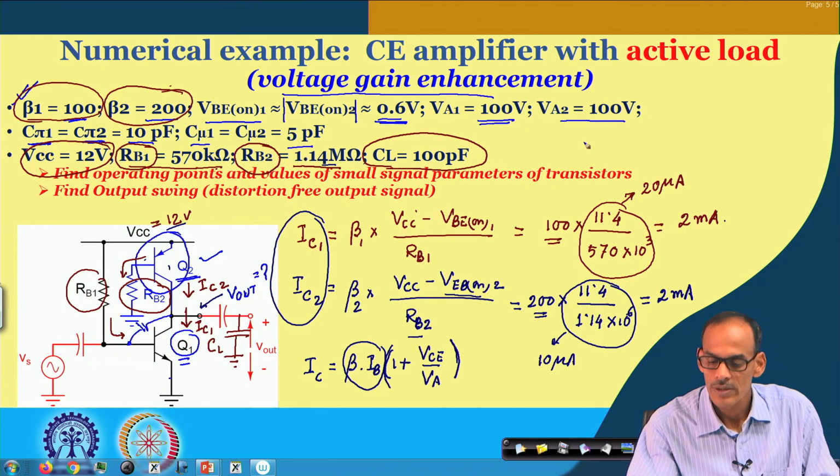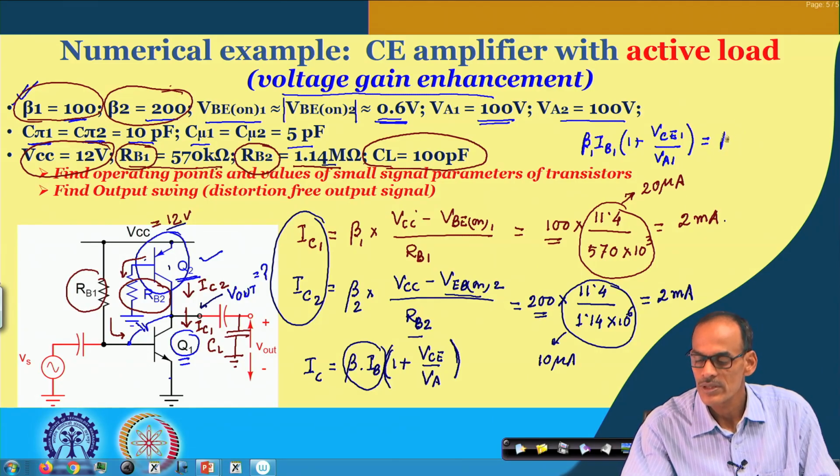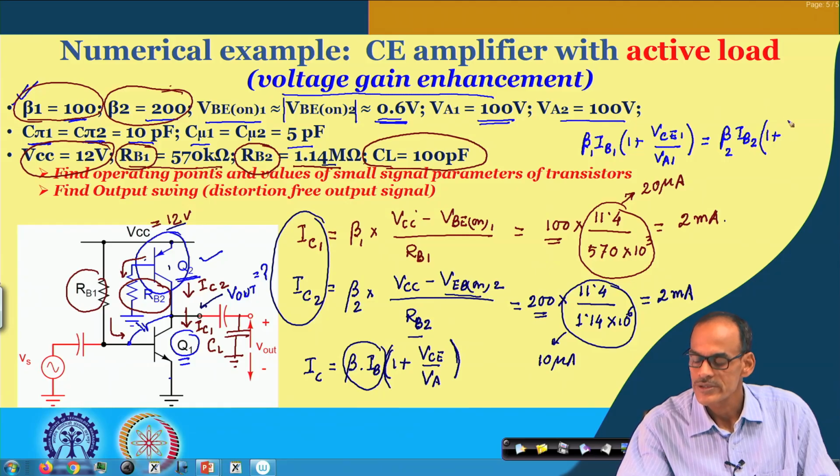We can compare beta 1 IB 1 multiplied by 1 plus VCE of transistor 1 divided by VA of transistor 1, equals beta 2 IB 2 of transistor 2 multiplied by 1 plus VEC of transistor 2 divided by VA of transistor 2.